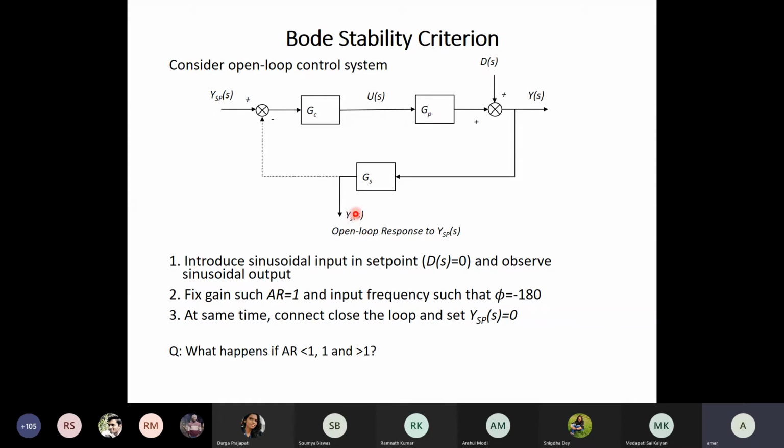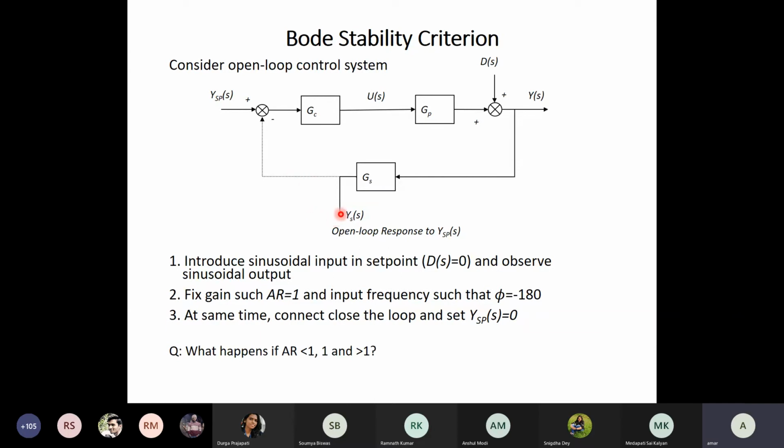I get AR sine omega t minus 180 degrees, which means I will get minus AR sine omega t. Is that clear?